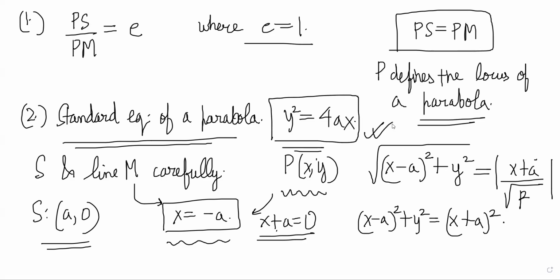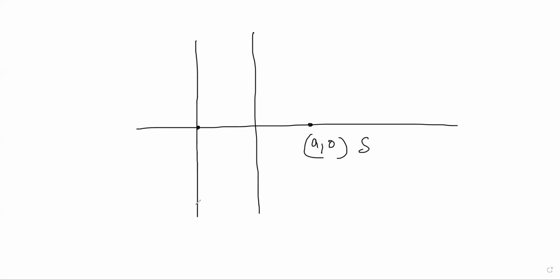So y square is equal to 4ax is the parabola equation only under some special conditions. What are the conditions? The focus was chosen to be the point (a, 0) and the directrix line M was chosen to be the line x is equal to minus a, right? So the graph looks like this. You have the focus here at (a, 0). This is S, and the directrix is the line x is equal to minus a.